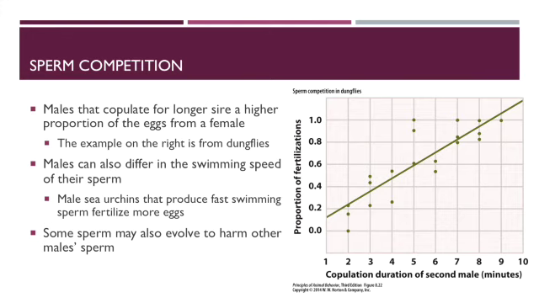I mean, yes, theoretically, there could be a mechanism where males could produce chemicals that could damage other sperm, but they essentially would also be harming their own reproductive success because they would likely harm their own sperm. So there is a theory out there. I haven't seen good data that suggests it's actually happening, but lots of other mechanisms are in place to decrease sperm competition, right? So we can see that it's happening.